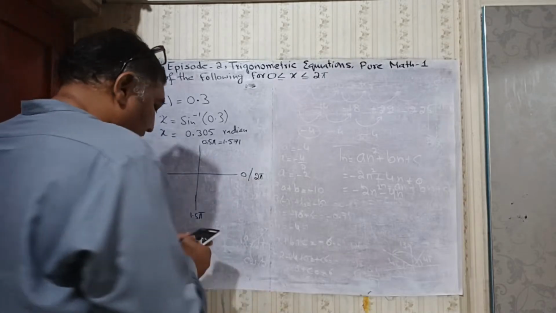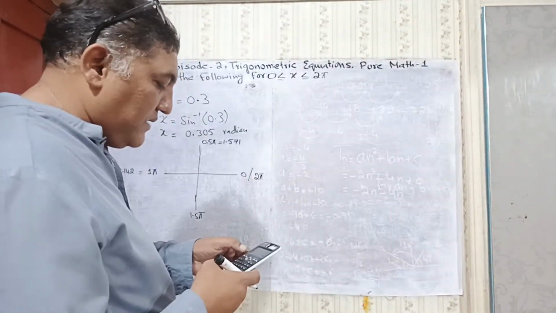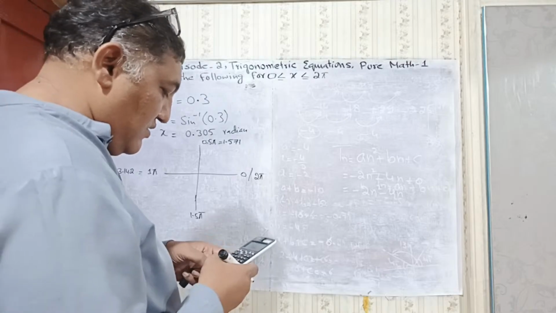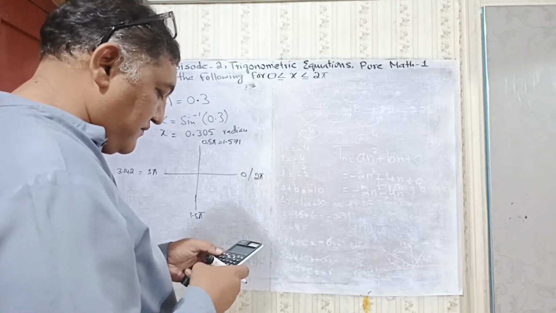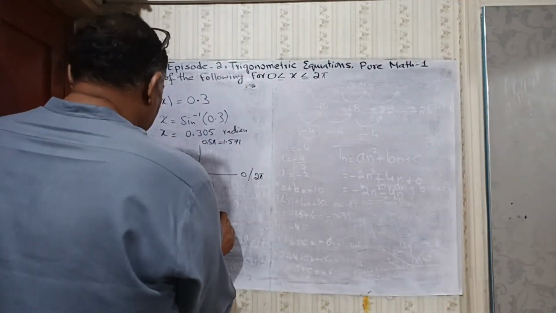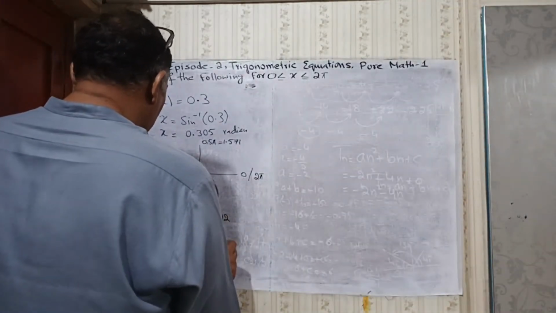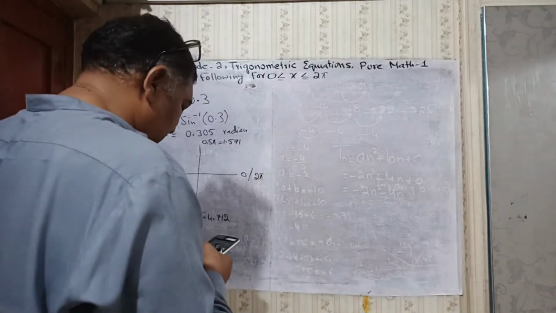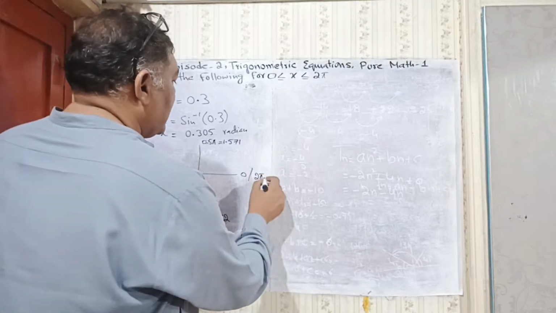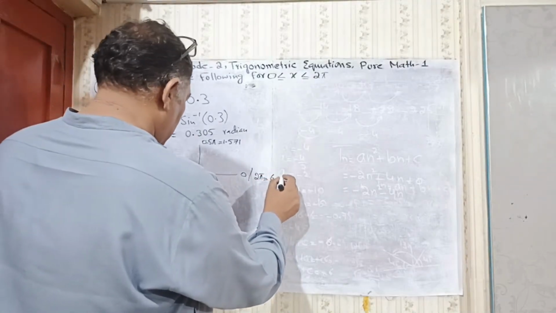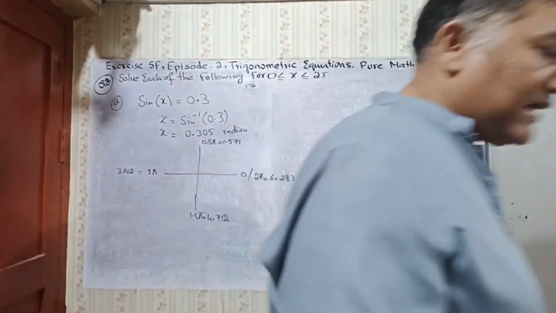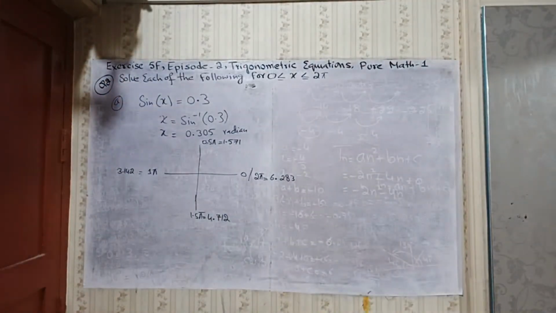And what is 1.5 pi? 1.5 multiplied by pi is 4.712. And 2 pi means 2 multiplied by pi, and in radians it is equal to 6.283. I am writing up to 3 decimal places.